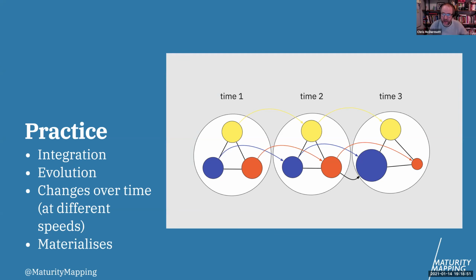Another interesting thing to think about in how practices change over time is that we often find that competencies, shown here in the red dots, get materialized. They find themselves in a tool. So imagine, off the top of my head, a deployment process.